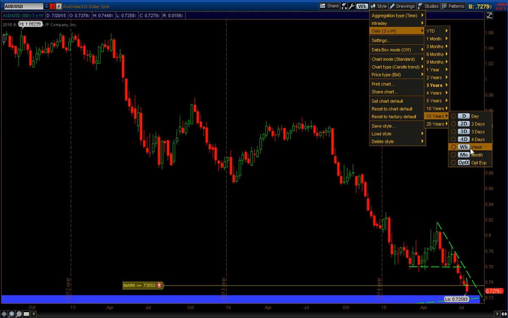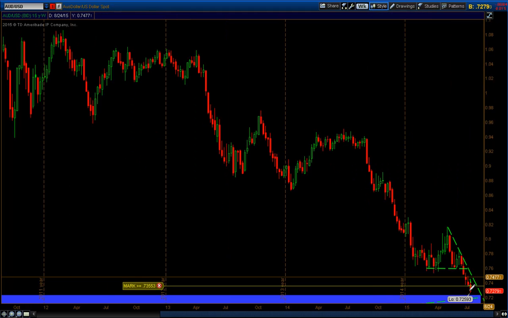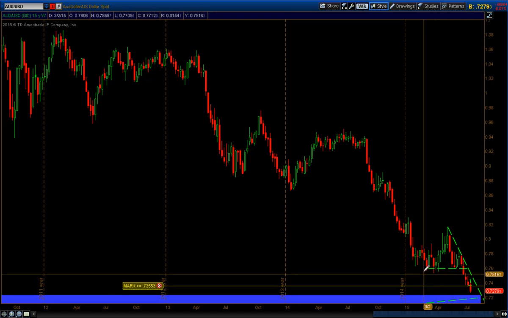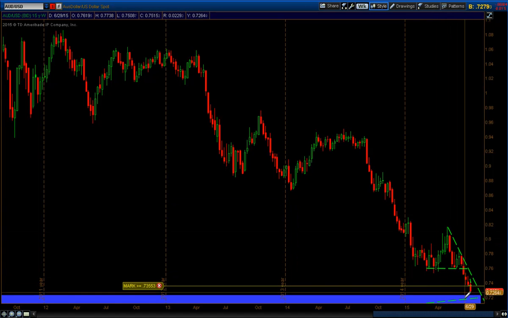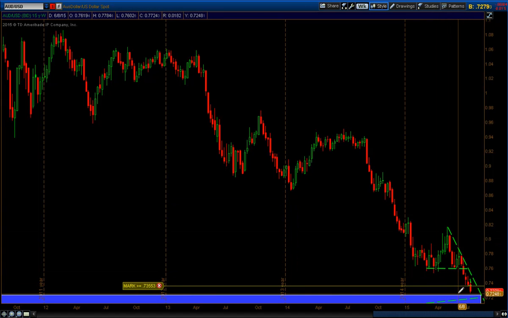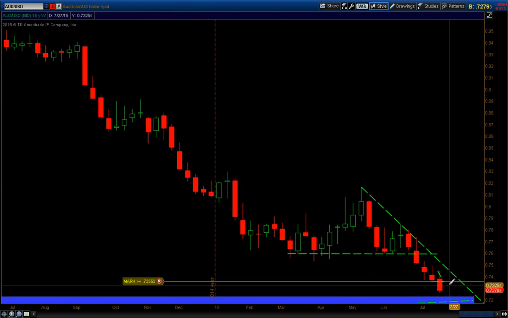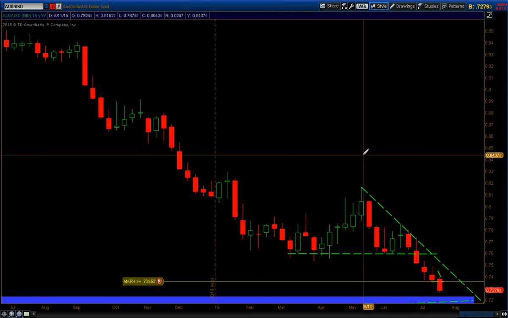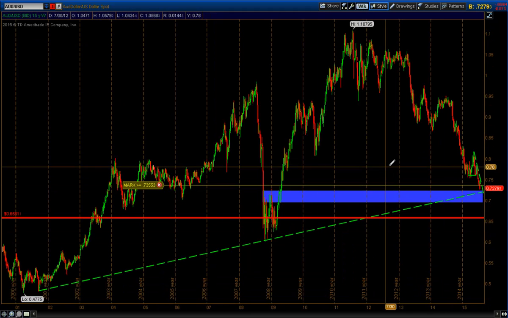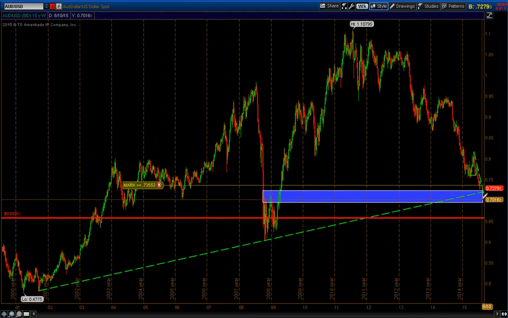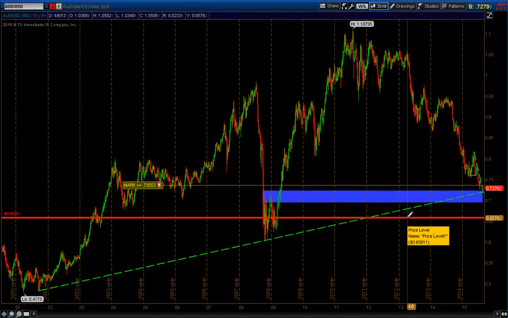So if the price goes up from here but doesn't come down, possible short. But if the price goes down deep into it and shows you a very solid reversal, then you might want to be careful about shorting this area. Other than that, if you see price coming down, look for possible reversals.